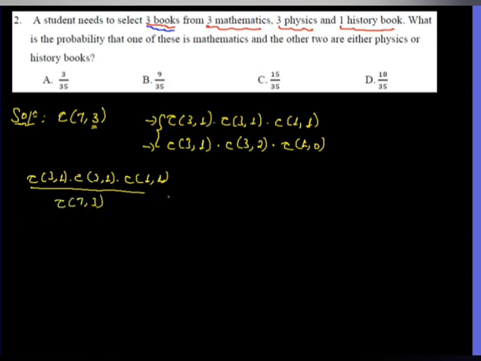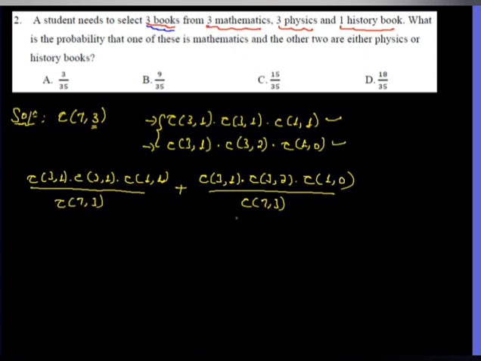The sample space, or the total possibility set, is combination of 7,3 plus combination of 3,1 times combination of 3,2 times combination of 1,0 over the sample space. So these are the 2 possibilities in this probability.